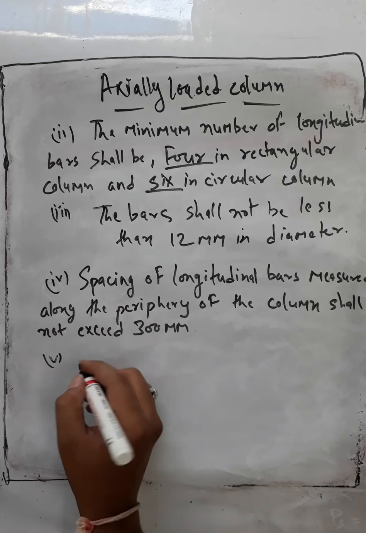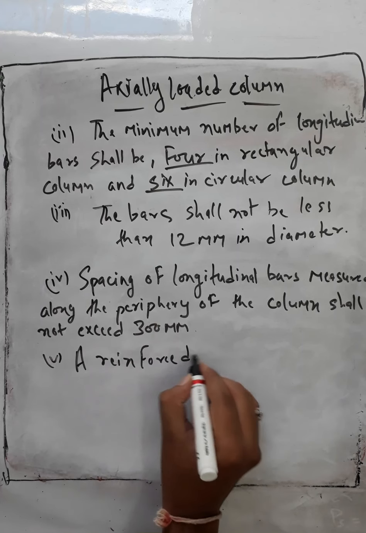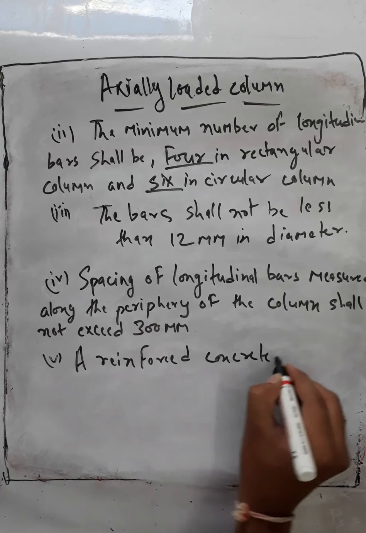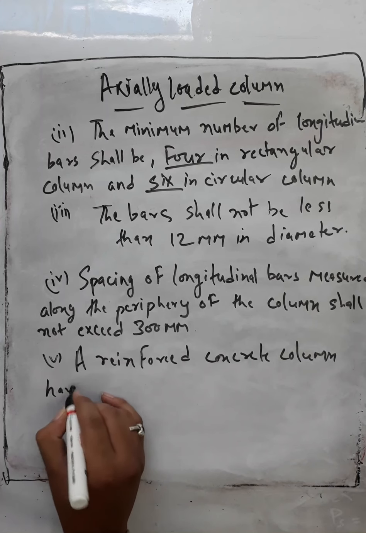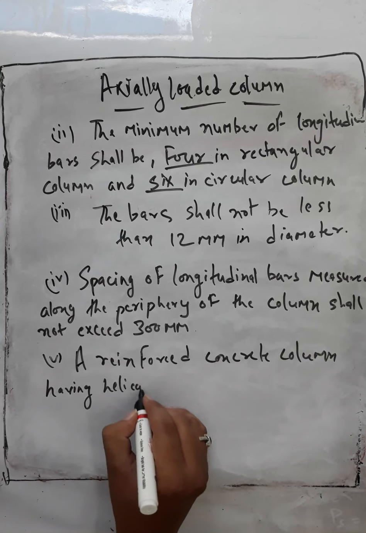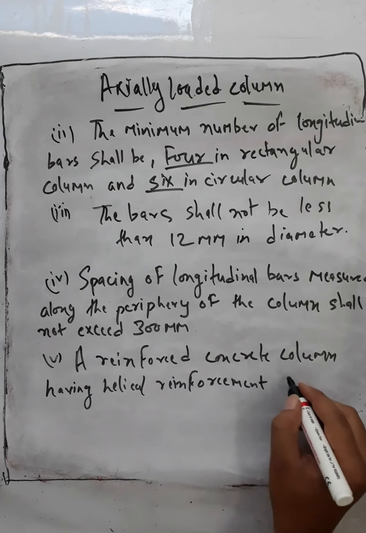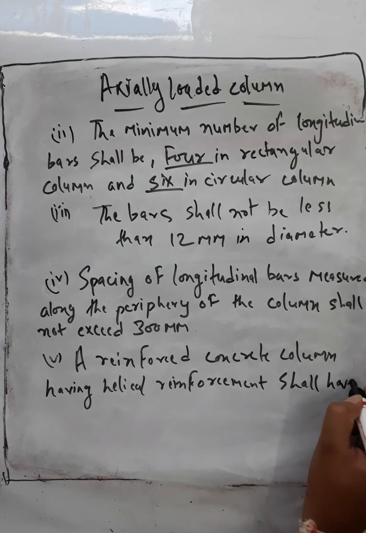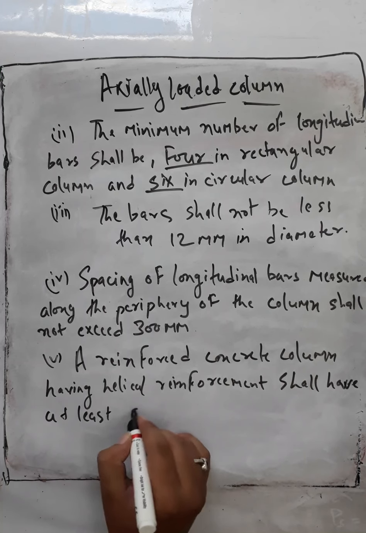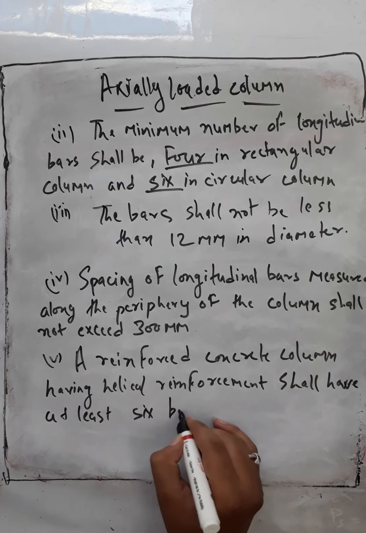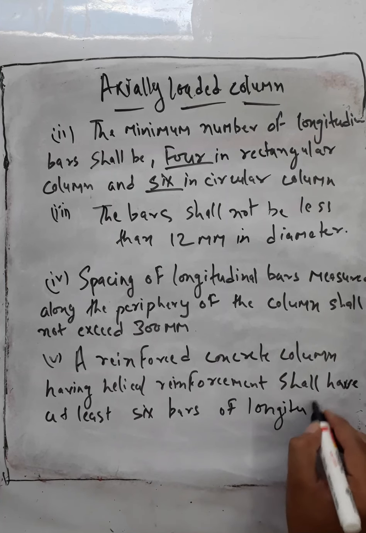And the last point which is given in IS 456-2000 is, a reinforced concrete column having helical reinforcement shall have at least 6 longitudinal bars.